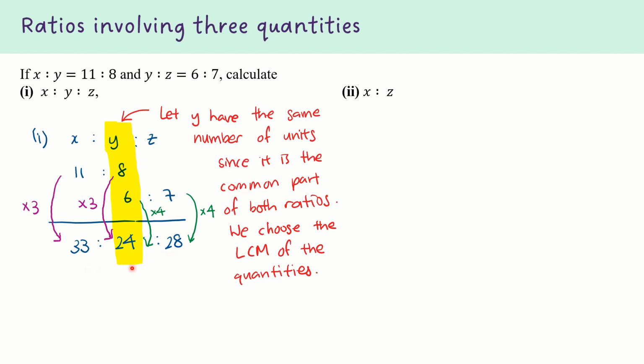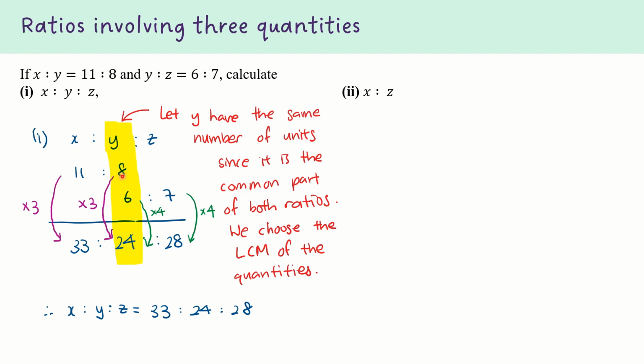So we arrive at the ratio 33:24:28, and therefore that answers our question that x is to y is to z equals 33:24:28. In case you are wondering, what if for our quantity y we do not choose our lowest common multiple? For example, if you were to decide to choose 48 instead, the steps will still follow.